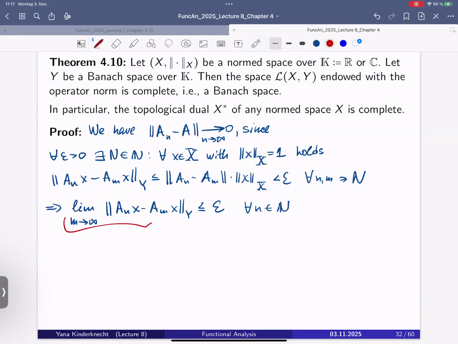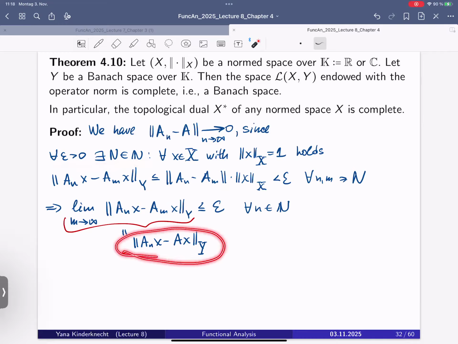But this limit is just the norm of A_n x minus Ax, by definition of A. So what we have shown: for any epsilon, there exists n such that this is smaller or equal than epsilon for any n big enough.